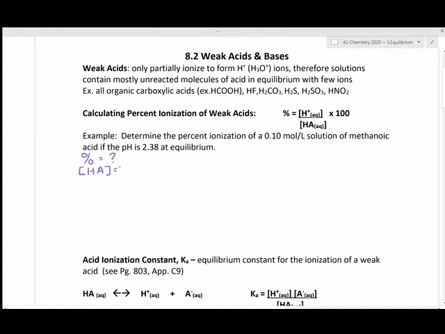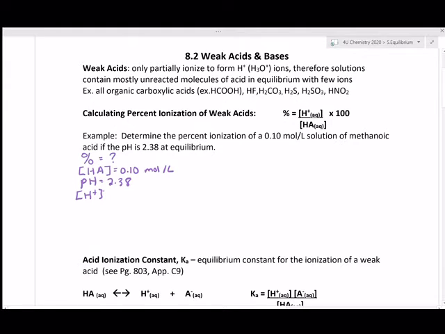We could just put methanoic acid there as well, but this is fine. So 0.1 moles per liter. And we have been told the pH is 2.38. In our previous lesson, we learned that you can take pH and figure out hydrogen ion concentration, which we are going to need.